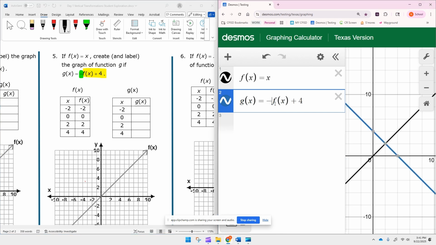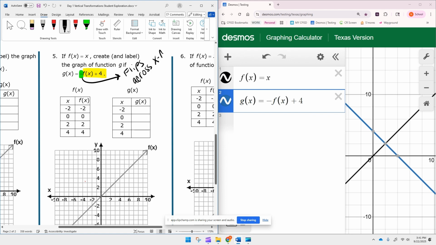It now flips it, okay, and it's flipping it across the x-axis.